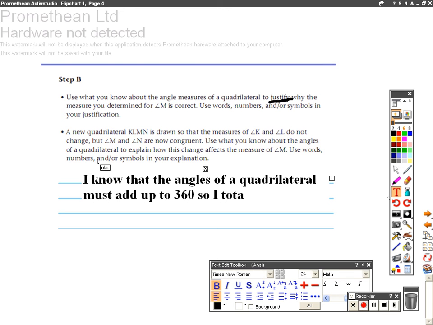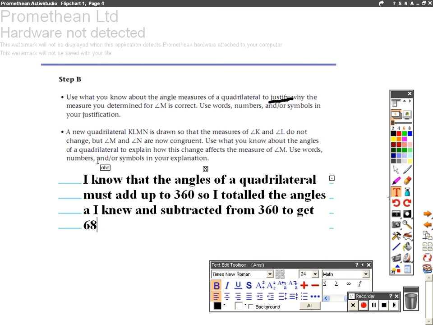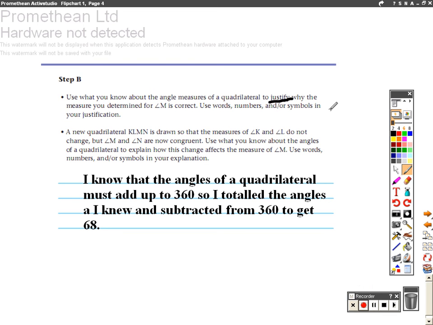So I totaled the angles I knew and subtracted from 360 to get 68. Okay, so I've done this part. I stated the rule. Angles of a quadrilateral must add up to 360. That's the key part of justify.